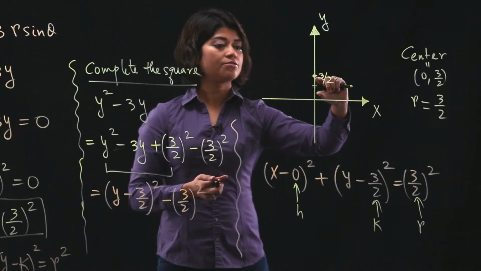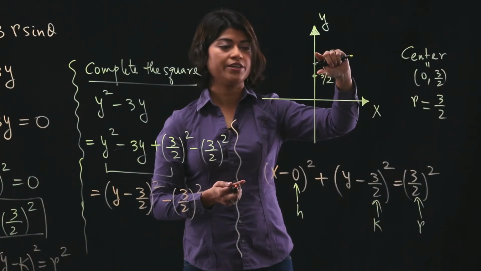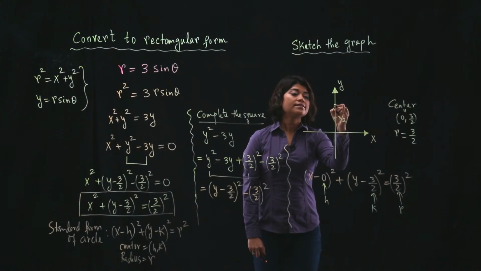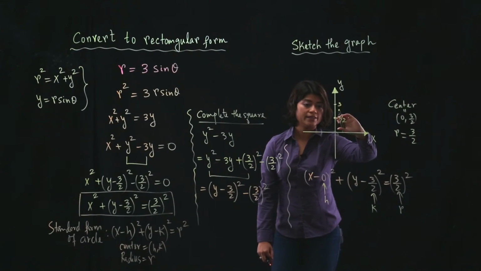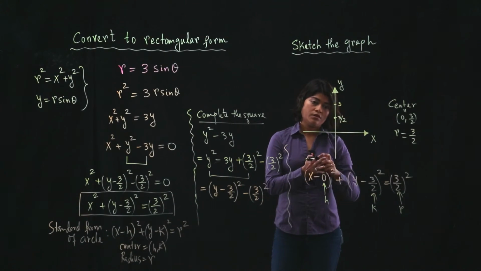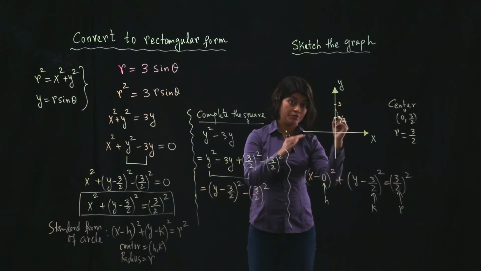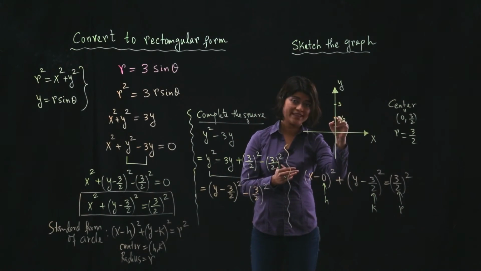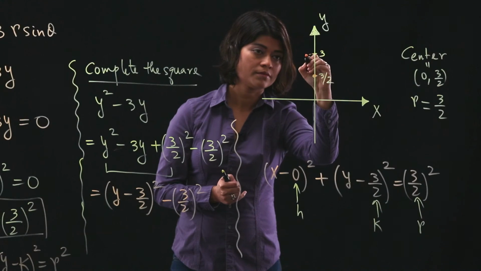Well, radius 3/2 means this is the radius here, and on top also we have a radius of 3/2. So let's say this is 3, which means the radius of the circle is, this is 3/2 and this is also 3/2. So you're drawing the circle. Remember, 3/2 is the center, and this is the radius. Okay, so let's draw it.